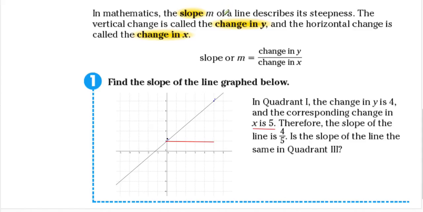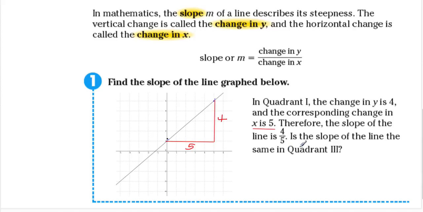And the change in y is 4: 1, 2, 3, 4. So the change in y is 4, and the change in x is 5. Therefore, the slope of this line is 4 over 5.